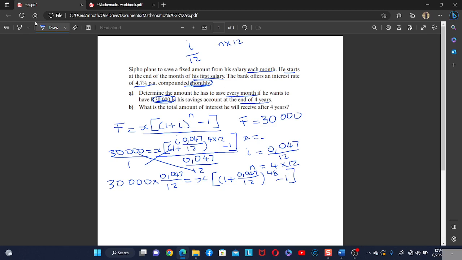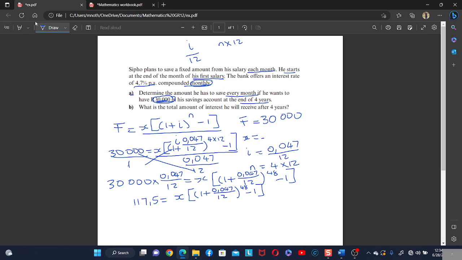Okay, so 30,000 multiplied by this, we are going to get 117.5, which is equal to x, open bracket, 1 plus 0.047 all over 12, to the power of 48 minus 1.